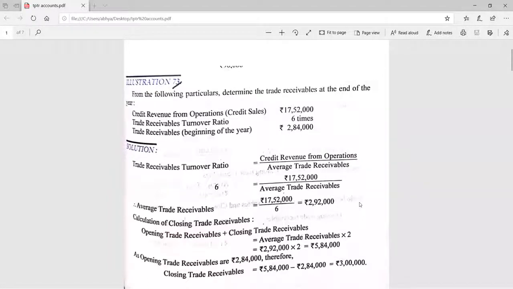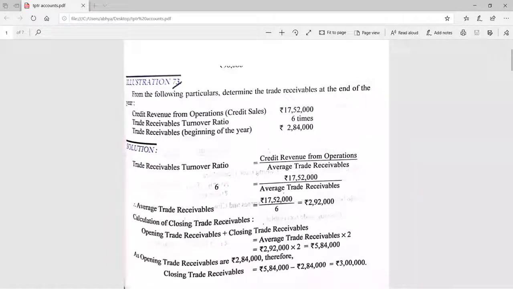Then trade receivable turnover ratio is given as 6 times. Trade receivables in the beginning of the year were 2,84,000. So we have to find out trade receivables at the end. You just have to put the values in the formula.